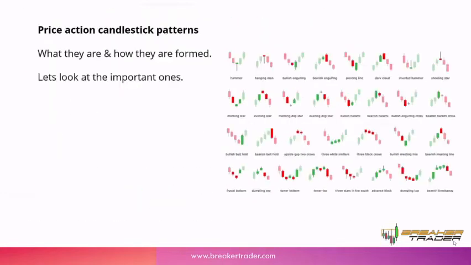So these are, let's go back quickly one. These are all the main candlestick patterns that you're going to find on the web. All right, there's loads of them. A lot of candlestick patterns are from stocks. So there's a lot of candlestick patterns you will find that you won't see ever happening in Forex. So for example, upside gap two crows, right?